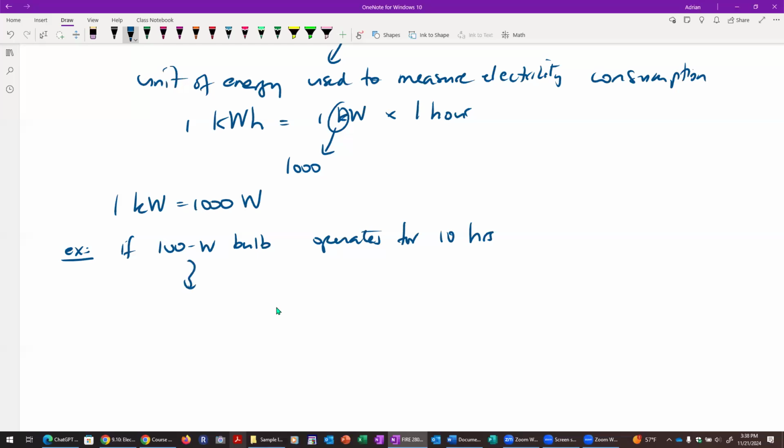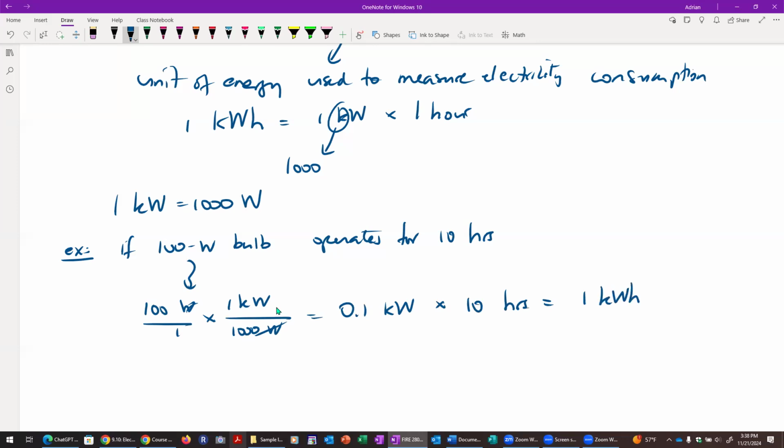All right, so that would be 100 watts. We can use dimensional analysis: for every 1 kilowatt, we have 1,000 watts. So watts go away. 100 divided by 1,000 would be 0.1 kilowatts. And then we're going to multiply that by the hours in time. So that's 10 hours. So that's going to give us 1 kilowatt hour as the consumption of energy for this particular thing, right?